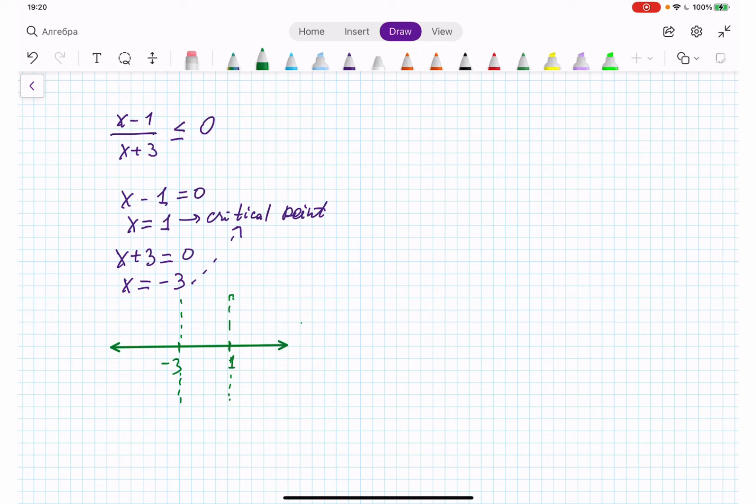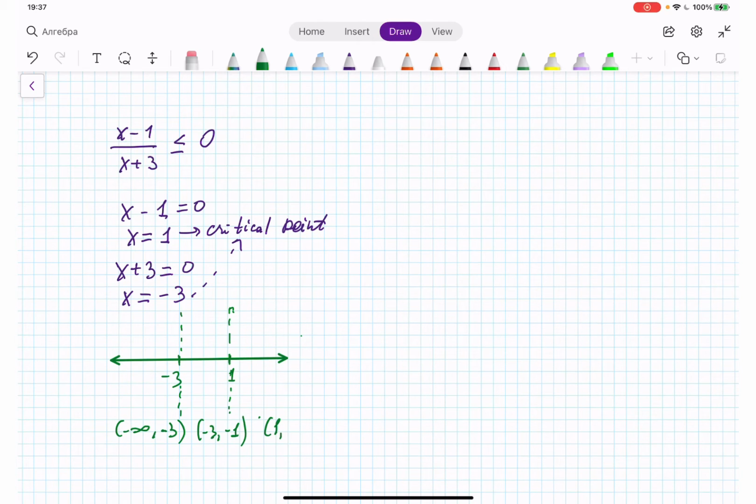The first interval is between negative infinity and negative 3. The second interval is between negative 3 and 1. And the third interval is between 1 and infinity.